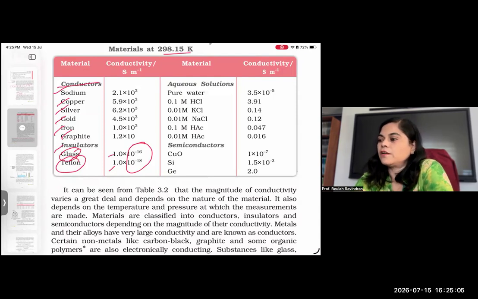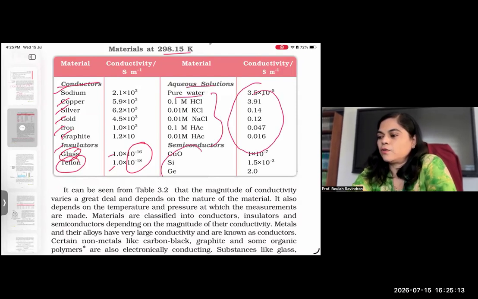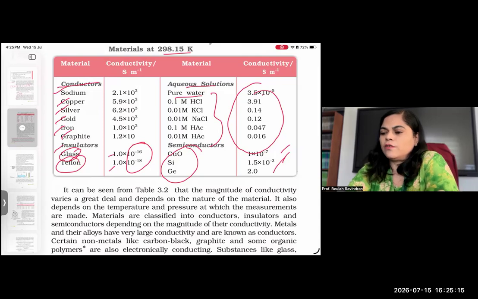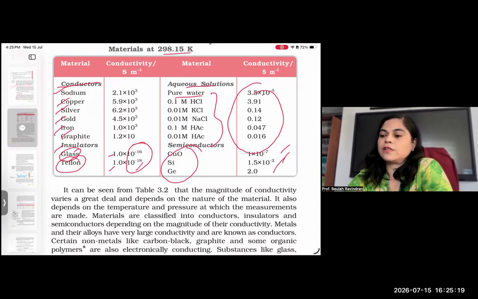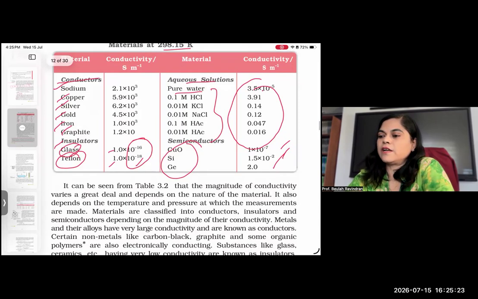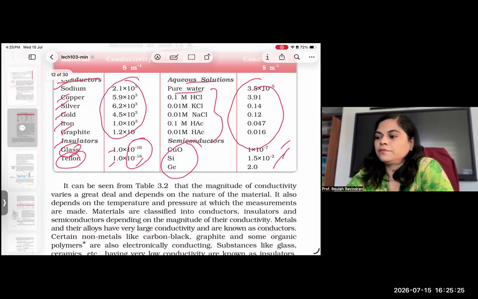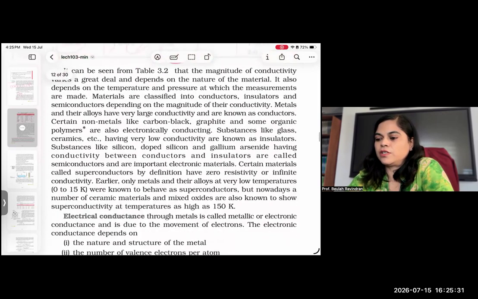This is for aqueous solutions. See how the conductivity is for aqueous solutions and for semiconductors. You must know that only insulators have very low conductivity, so their resistance is high. Conductors have low resistivity when compared to aqueous solutions and semiconductors. It can be shown in this picture.